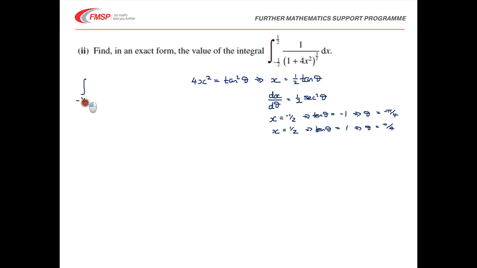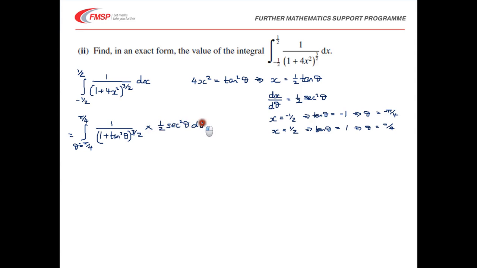So the integral from minus a half to a half of 1 over (1 plus 4x squared) to the 3 over 2 dx is, change my limits, so I'm going from theta is minus pi over 4 to pi over 4, 1 over (1 plus tan squared, which is what I wanted) to the 3 over 2, multiplied by a half sec squared theta d theta.